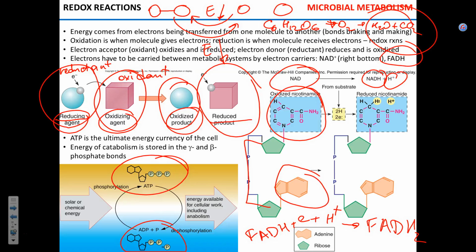Now ATP, that's why we call it energy currency. It's not just a sophisticated analogy. It's essentially currency. ATP carries energy in the form of chemical bonds between the gamma and beta residues of phosphate.